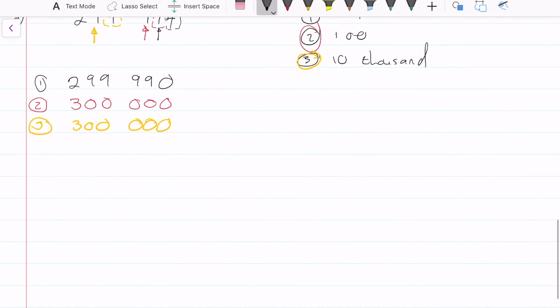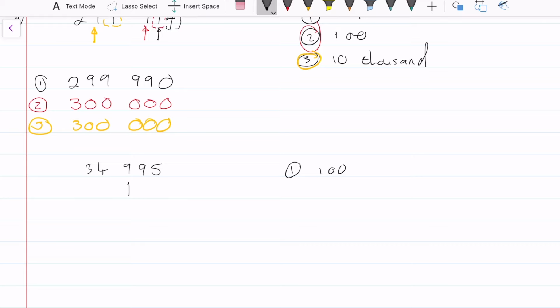Okay, let's go for one more example with something similar. Let's have 34995, and let's round off to the nearest 100.